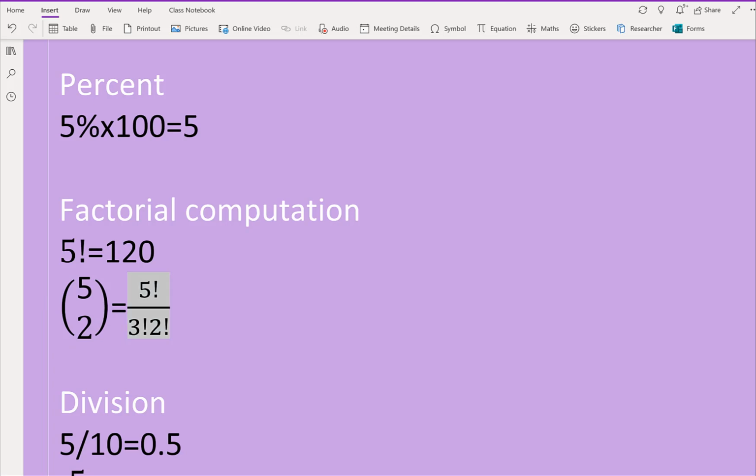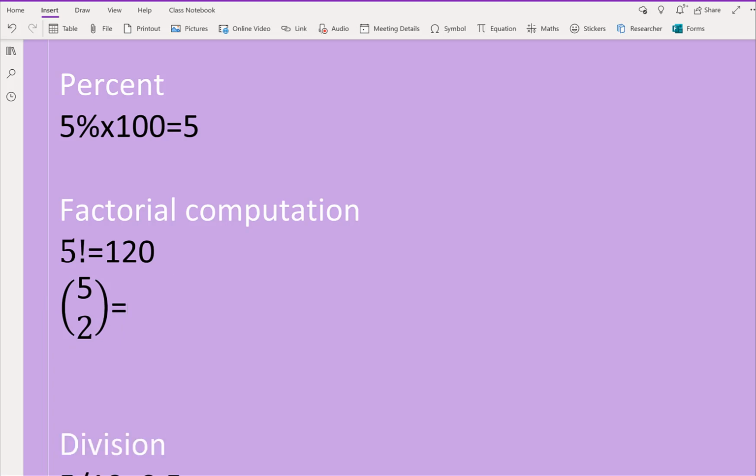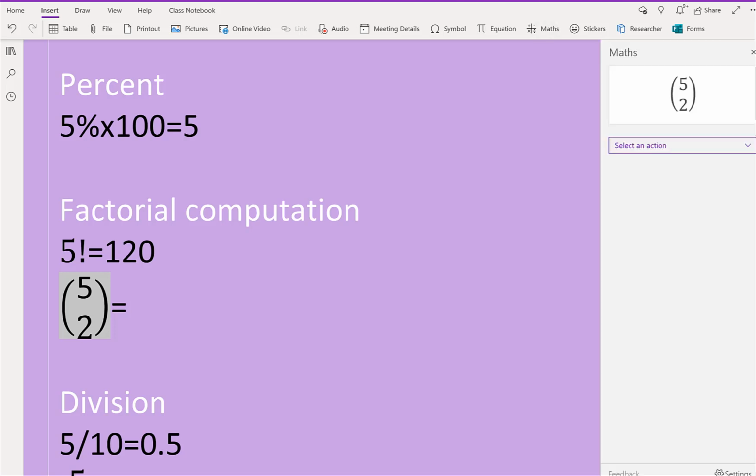But when I press Enter, it will not give me the calculation. What happens if I highlight this and then press Maths and select an action, Evaluate? It will not evaluate what I needed.